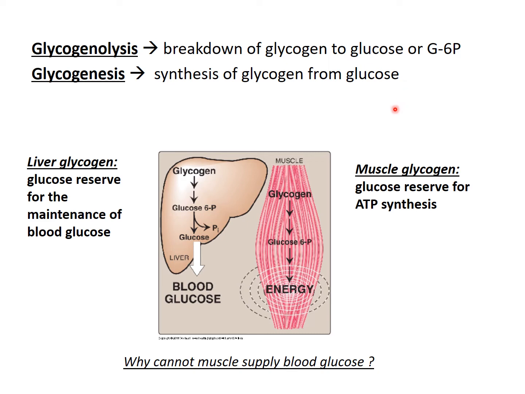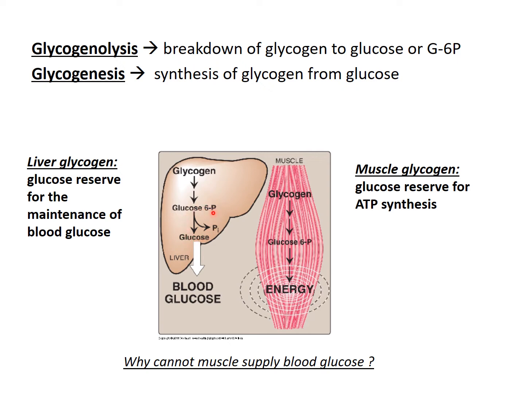There is a difference between liver and muscle in the use of glycogen. They both can synthesize glycogen in the same way, but the use is different. In muscle, the glycogen is turned into glucose 6-phosphate and channeled to glycolysis and serves as a store-away energy carrying molecule. In the liver, the glycogen is turned into glucose 6-phosphate, but it is not going to glycolysis.